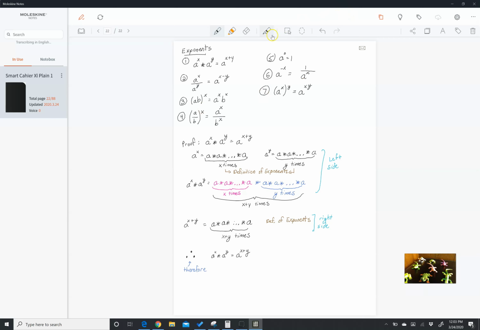And our reason here is that they are both equal to the same thing. Therefore, they're equal to each other.